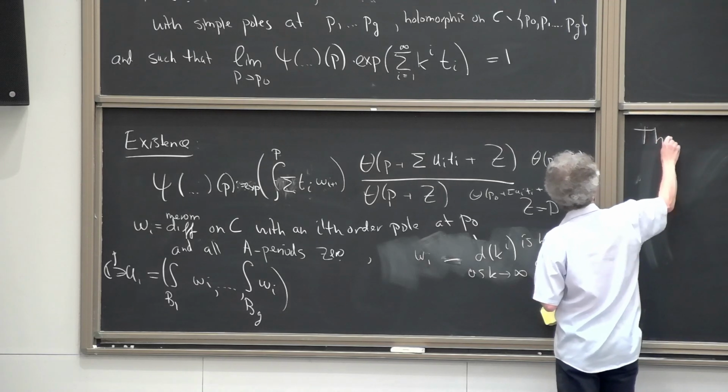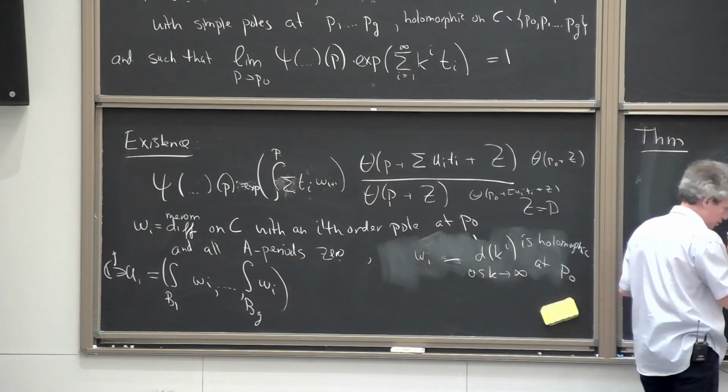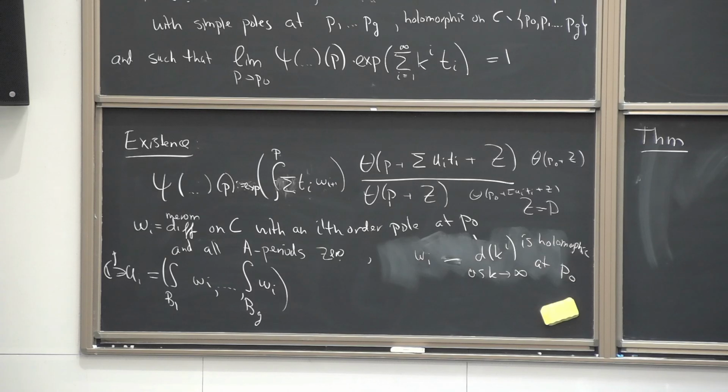Theorem. This is one of the many theorems without a proof. I'll use some of them, not all of them fully, next time, but I want you to try to develop some ideas about how these things are used.